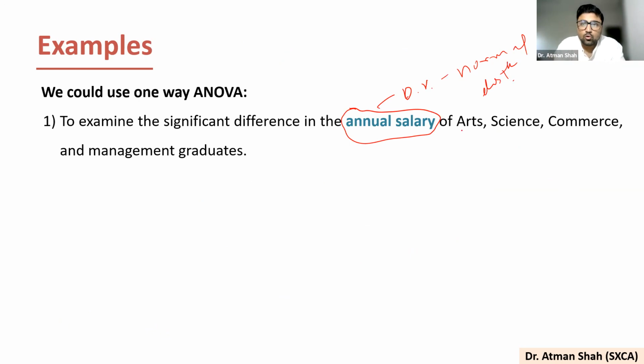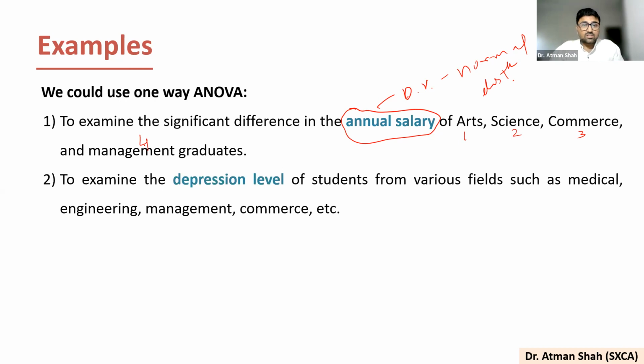Then we have 4 groups: arts, science, commerce, and management graduates. So you randomly collect the data from these 4 groups, and then check whether you have a significant difference or not.